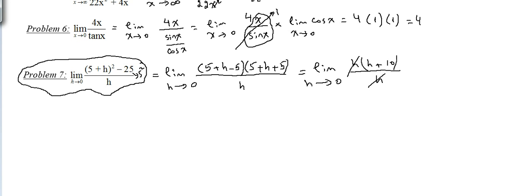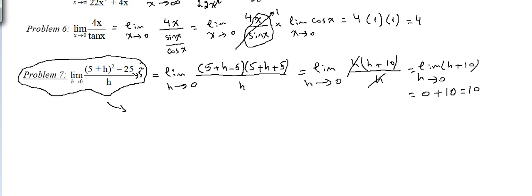We can simplify the h, which gives the limit of h plus 10 as h tends to 0. Substitute instead of h its value, 0 plus 10, and it is 10.